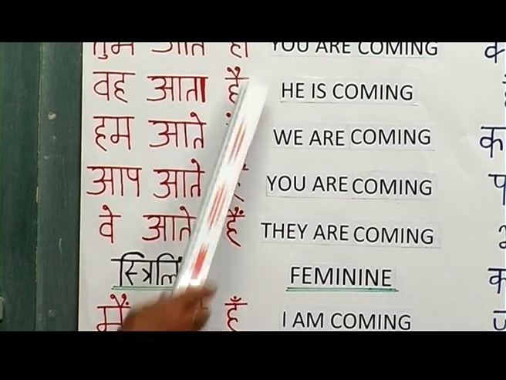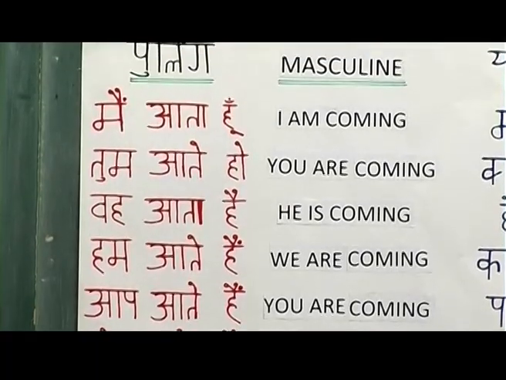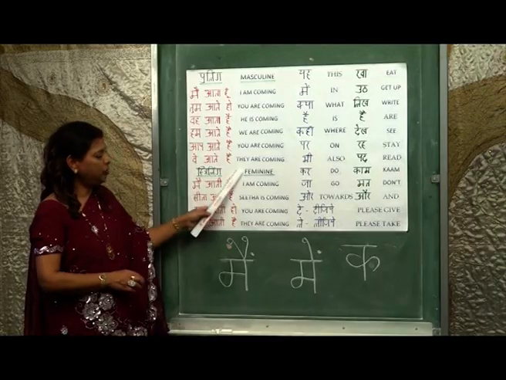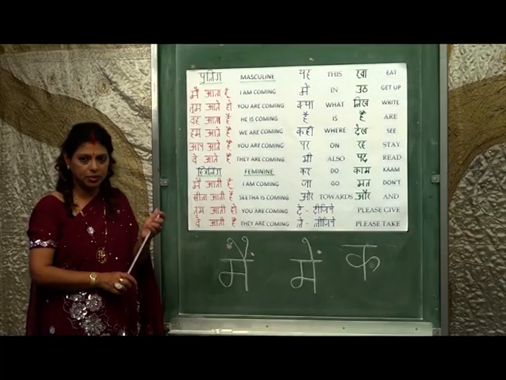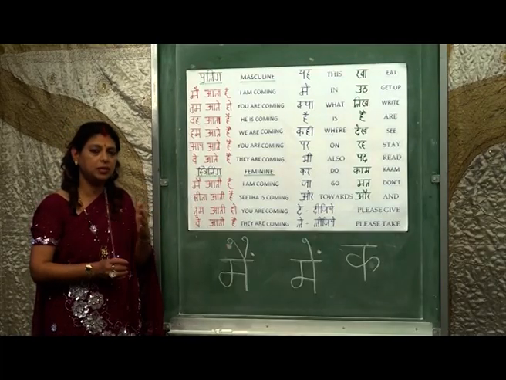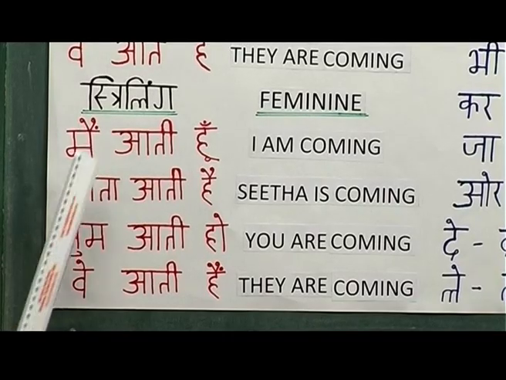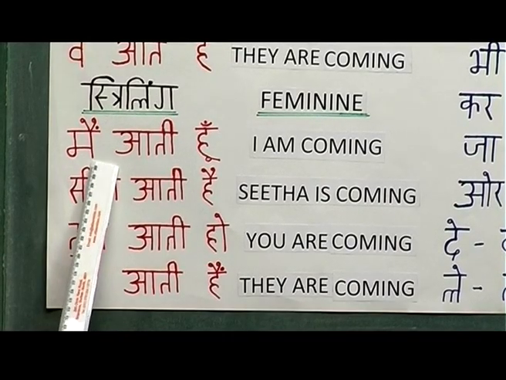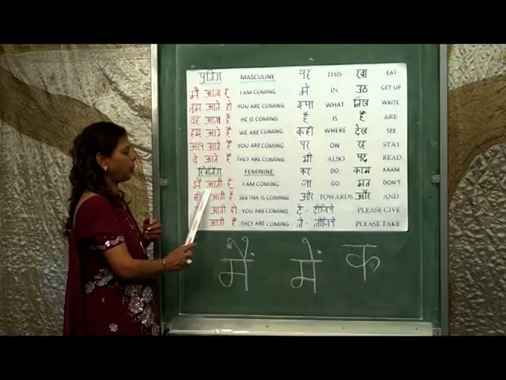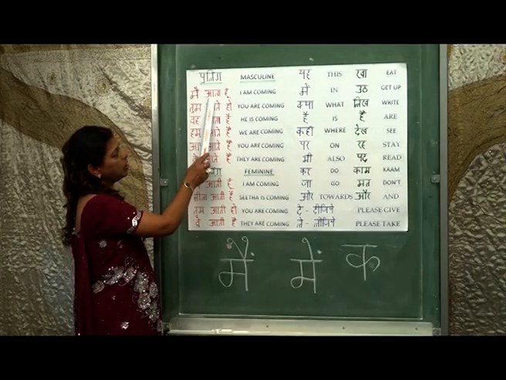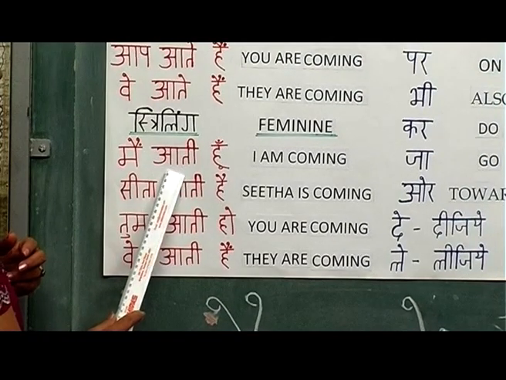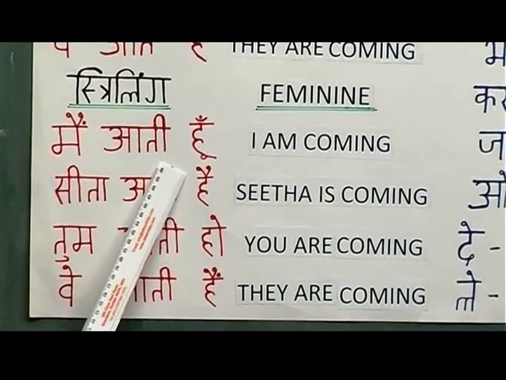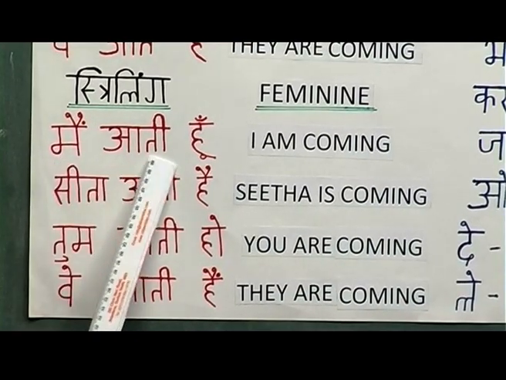Okay, now that concludes the masculine part of it. In the feminine segment, you will use the very same sentence, but it will have a slight variation to it. Here you will still use the word मैं, that male and female uses, but the आता, if you see the spelling, now becomes आती. मैं आती हूँ.